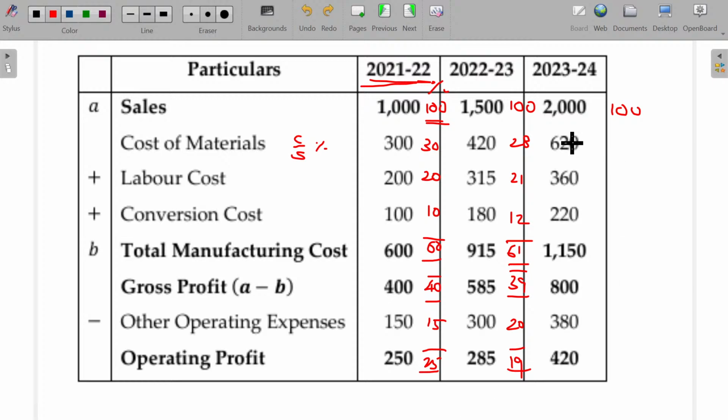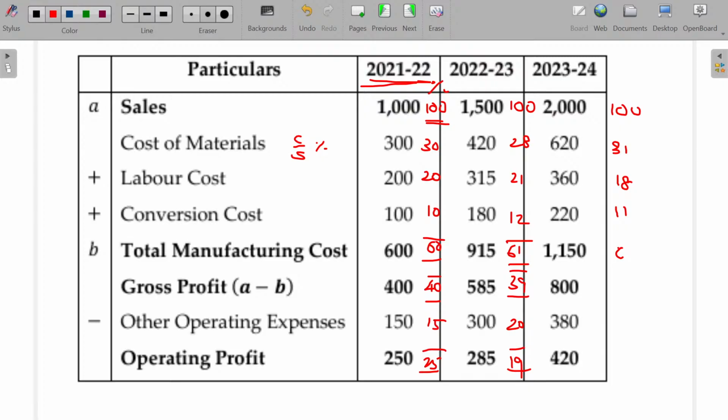Similarly, in case of 23-24, 2000 is assumed to be 100, then 620, 31, 18, 11. Half only, no. 2000, half of that, 100. Similarly, cut 0 and make the half, you will get the answer directly. In this case, 60.